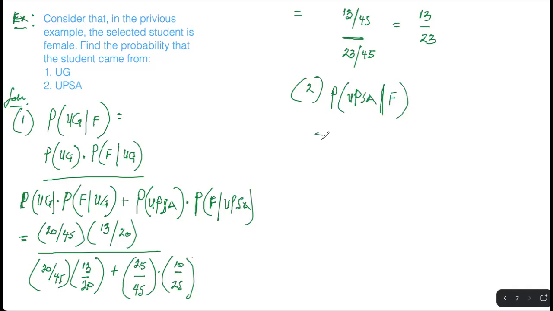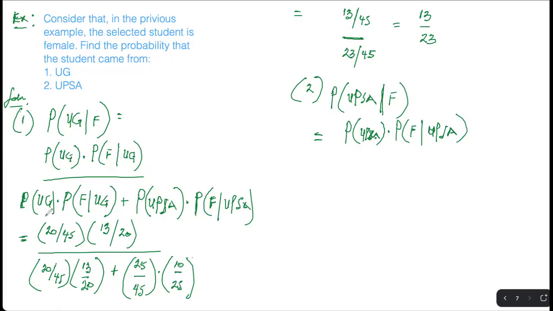All right, so this is going to be equal to the probability of UPSA multiplying the probability of F given UPSA.